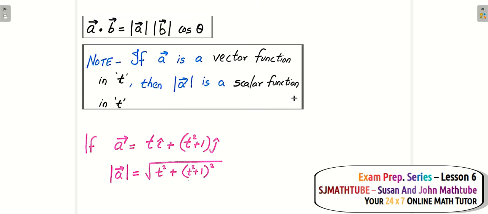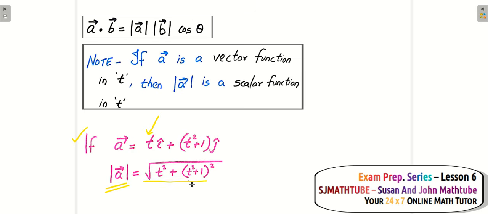Anyway, I'll give you one example. Take a look at this: A is equal to t i plus (t square plus 1) j. Clearly it's a vector function in t. When you input t equal to 1, you get one vector, and when you input t equal to 2, you get another vector, and so on. Now take a look at the modulus.